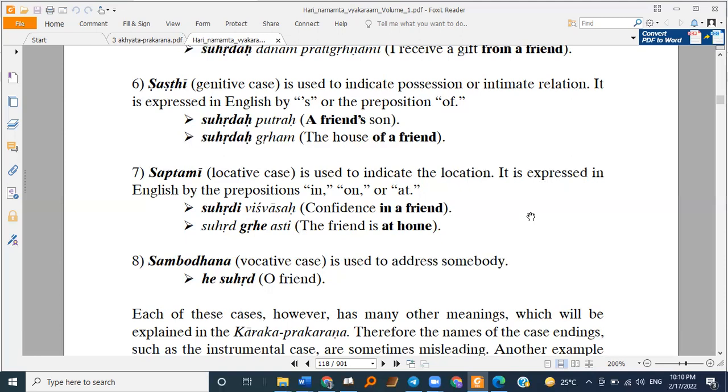Aham mahapurusha bhavami, does that mean I am a mahapurusha? No, actually. Literally, if we translate it, aham mahapurusha is like I, the mahapurusha, becomes.